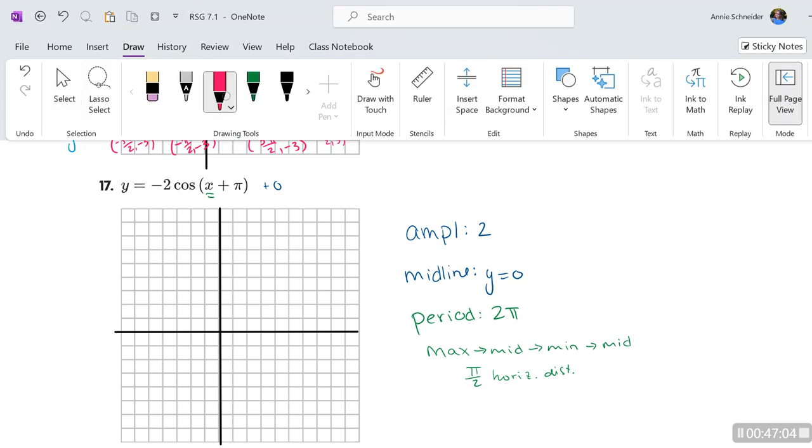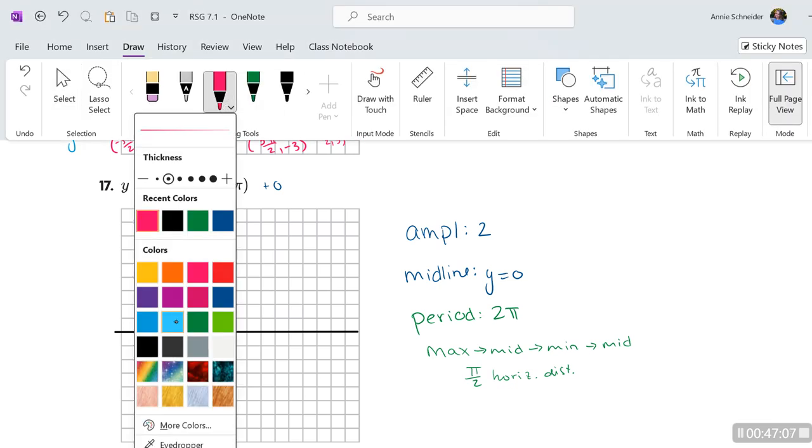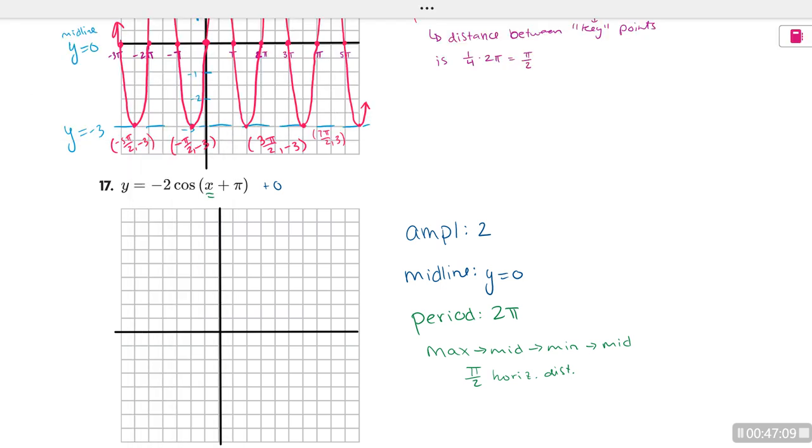So let's, I like to always draw my maximum and minimum. A little dotted line, I'll count by, let's look at 1, and let's make this 2, so every other. So our maximum, y equals 2, is that max value. Our midline is y equals 0. And our minimum is y equals negative 2.